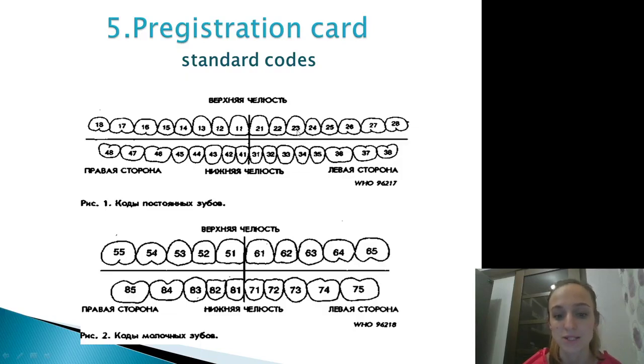Okay, but in children, in the temporary teeth, we use number 5 in the first sextant, 6 in the second sextant, 7 in the third sextant, and 8 in the fourth sextant. Please remember.